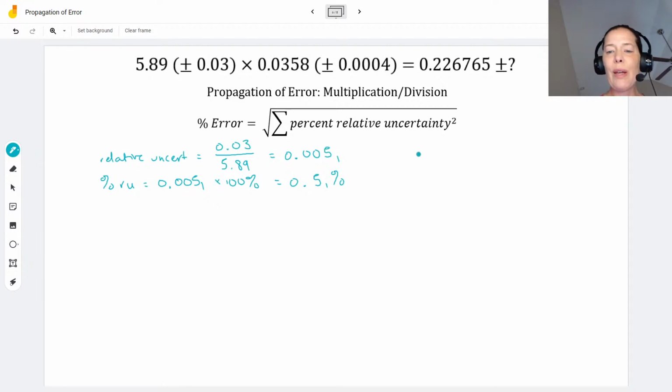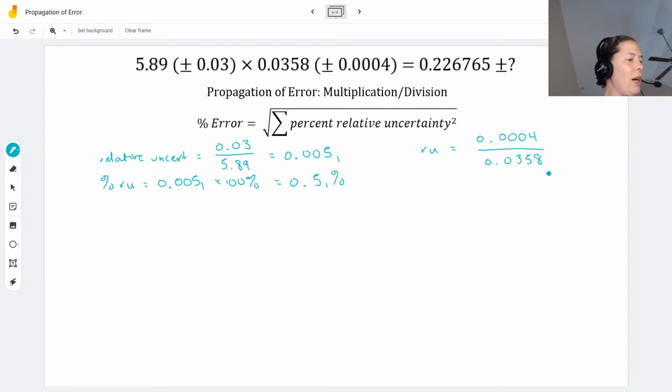Okay, so that's my percent relative uncertainty for my first term, but I also need to do it for my second one. Okay, so just my relative uncertainty for my second number. Again, I'm going to take the error I'm given, and that's 1, 2, 3 zeros. Again, it's easy to add or drop a zero in when you're dealing with these small relative uncertainty or absolute uncertainties.